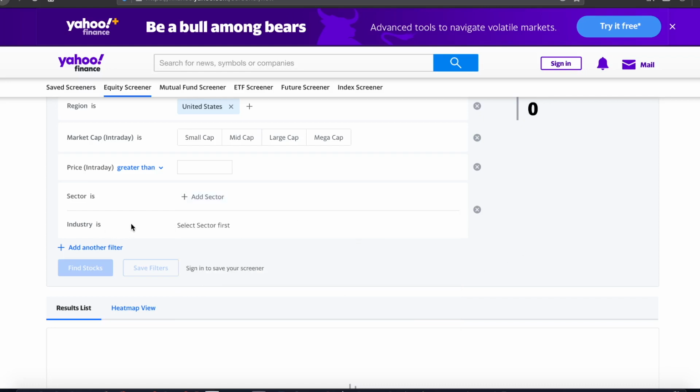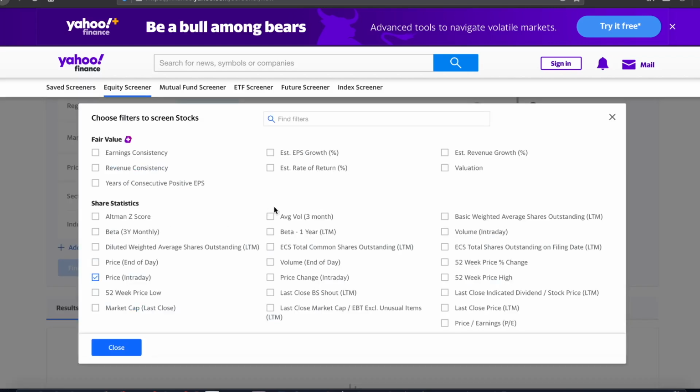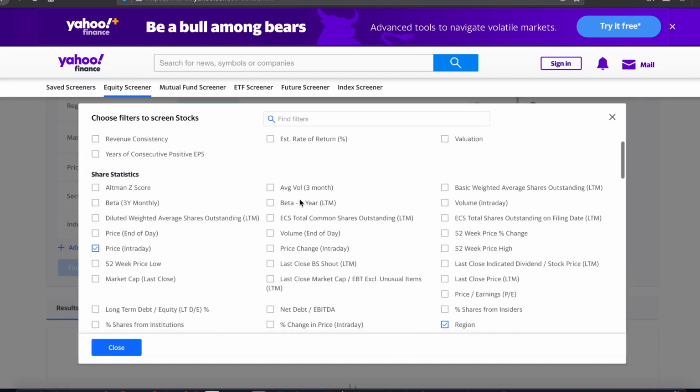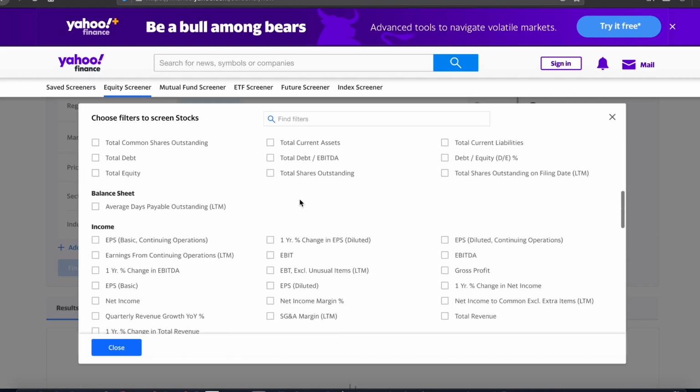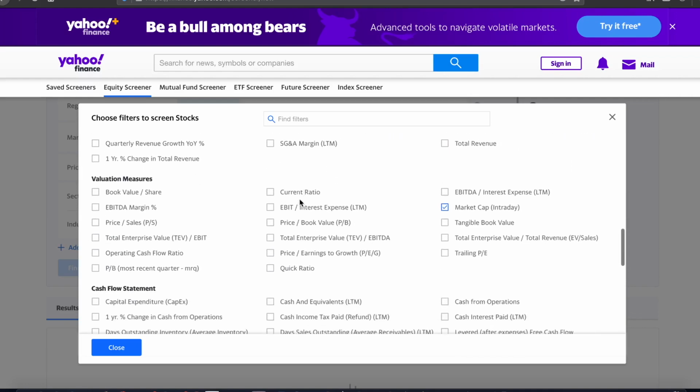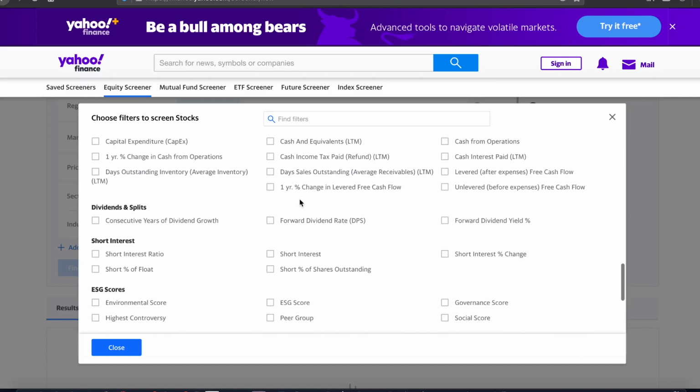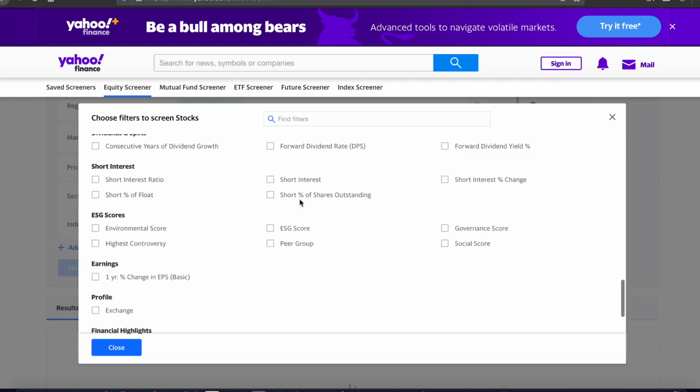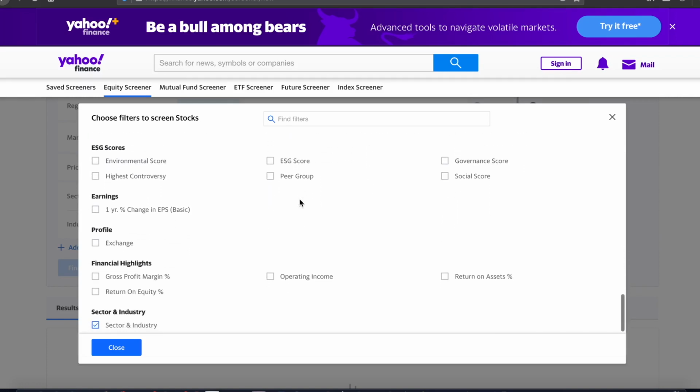And then here under industry, you can dive deeper into that specific sector if you're looking for something very, very micro. Here under add another filter, that's where this tool really sticks out because you can dive into, I believe, over 100 different cuts of data. So this is a very powerful tool.